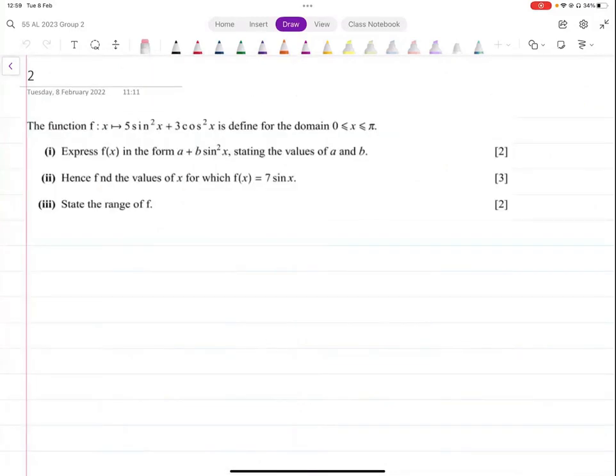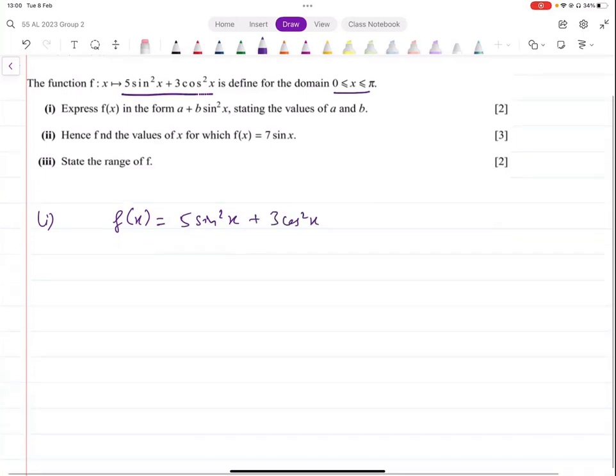This is very similar. I'm going to be very quick about this. You've got this function 5 sin square x plus 3 cos square x is defined for the domain 0 to pi. It's f of x equals 5 sin square x plus 3 cos square x. You need to convert it to this form.